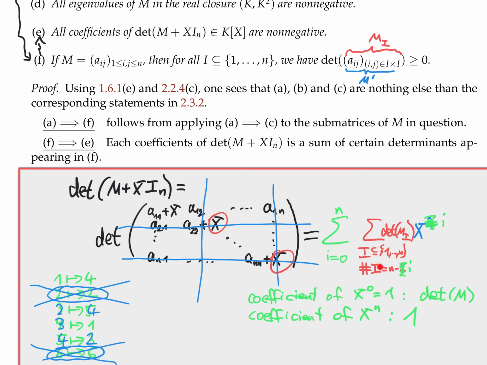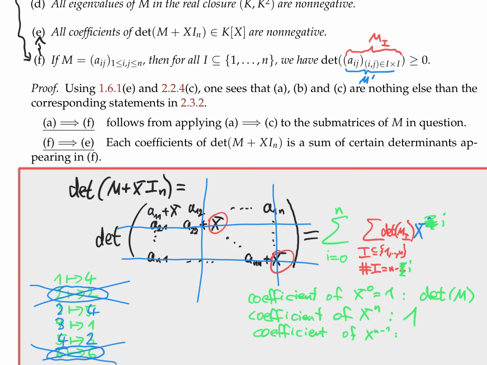So that's the formula, and please do it as an exercise at home. And maybe another sanity check: the coefficient of x to the n minus 1. Here I have 1 by 1 principal submatrices. These are just the diagonal elements in some sense, and the determinant of a 1 by 1 matrix is just the entry.